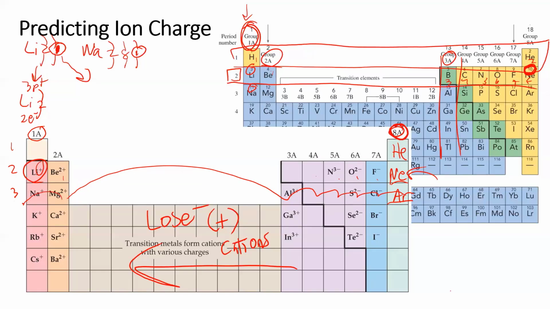Well, it's easier to lose 2 than gain 6. So what does magnesium do? Magnesium, which has 12 protons and 12 electrons, loses 2 electrons to form a 2+ magnesium cation.